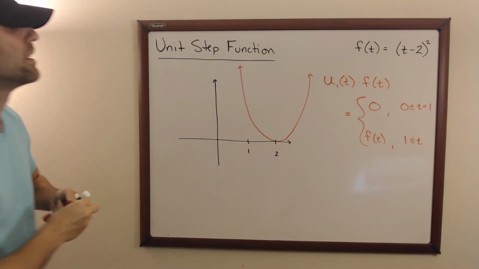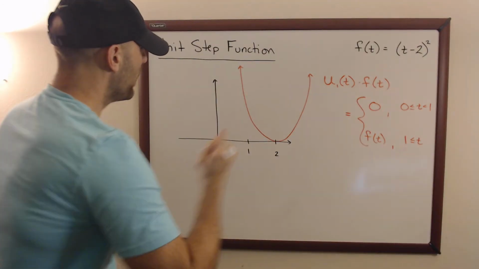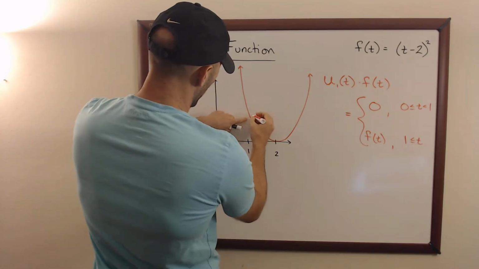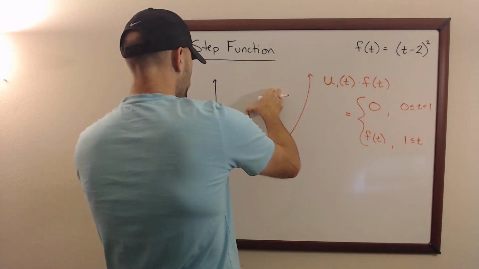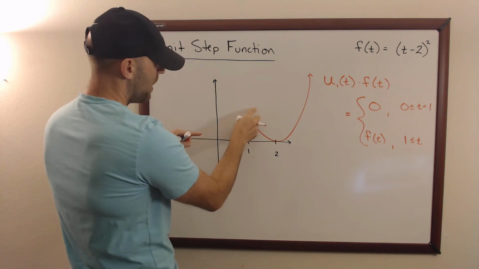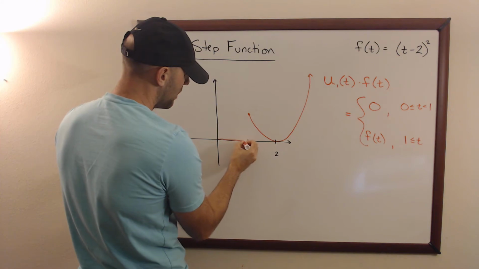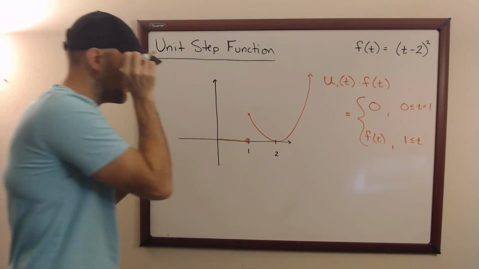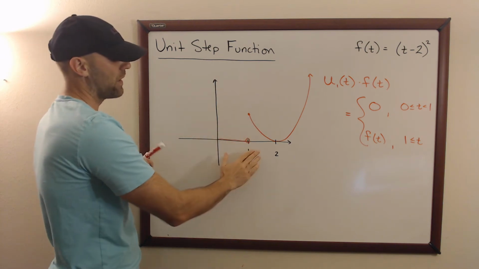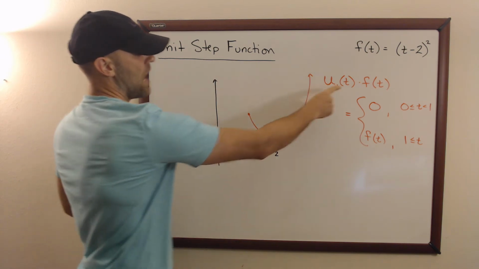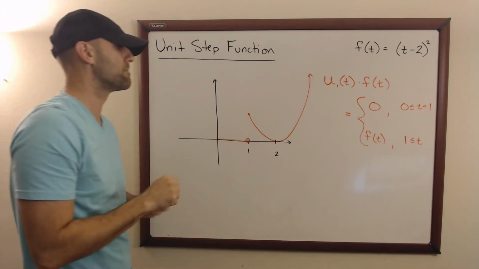But because I'm multiplying it by u1 of t, this thing doesn't turn on until I get to 1. Everything to the left of 1 has now been zeroed out. That's my new function. It's flatlined, it's nothing until you get to 1, and then this thing is turned on. Now it just looks like my normal f of t.